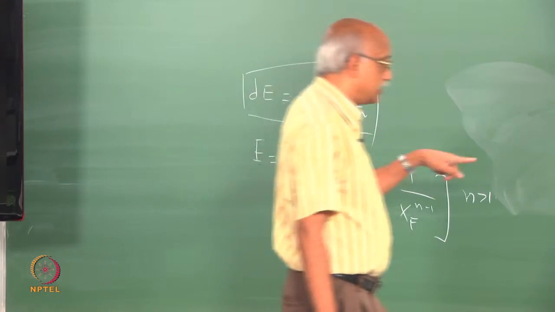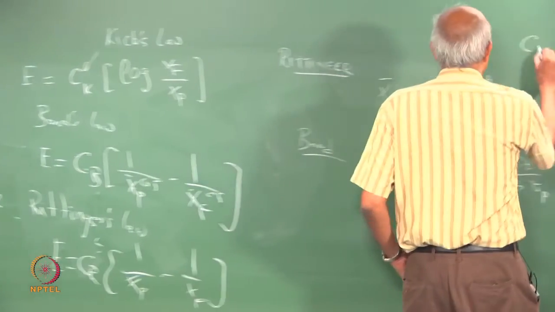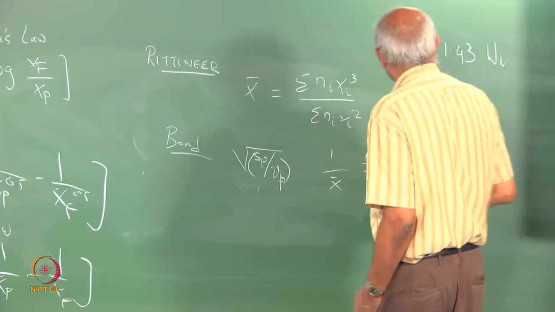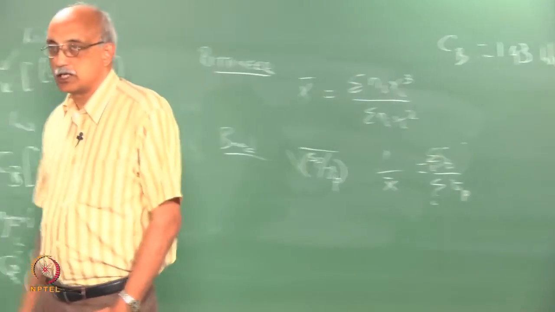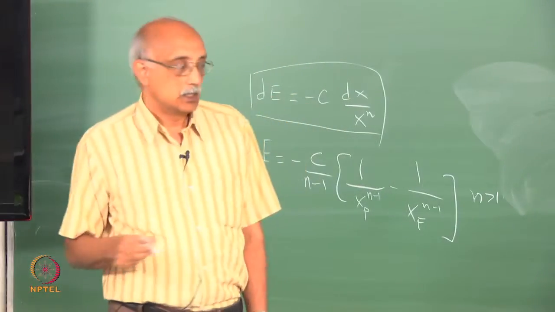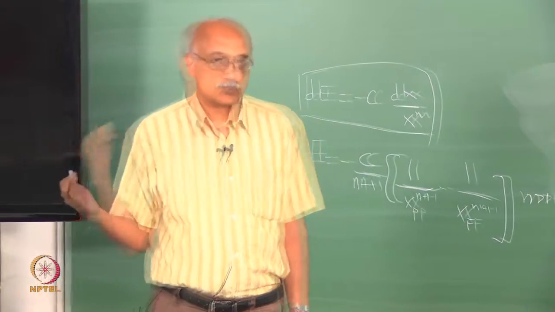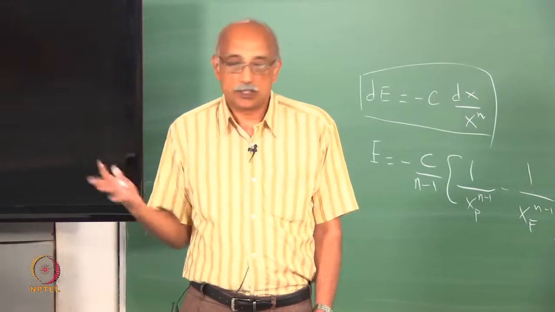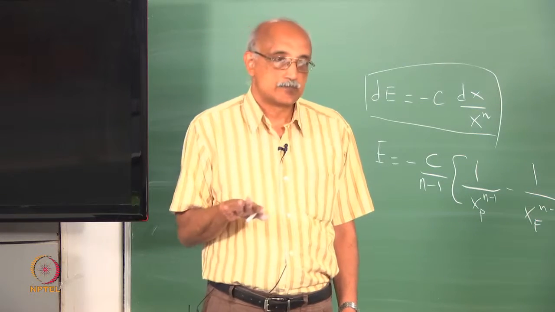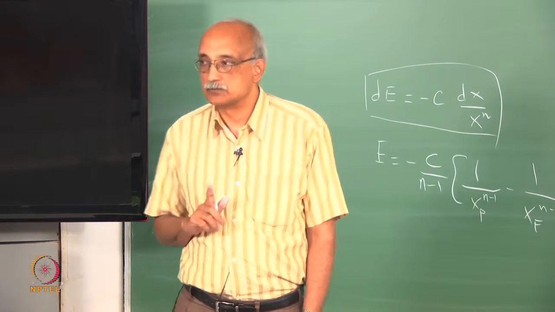However, Bond went one step further and he related Cb to something called the work index. He said that Cb equals 1.43 times work index, where work index is defined as the work that it takes to take an extremely large feed, theoretical size of infinity, and break it down to a product size such that 80% of the product can go through a 100 micron screen.